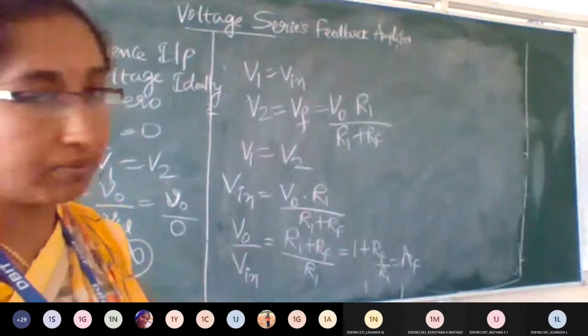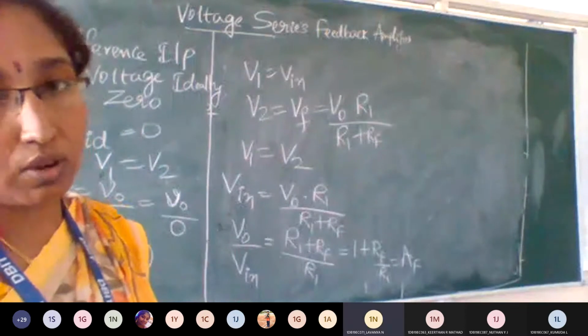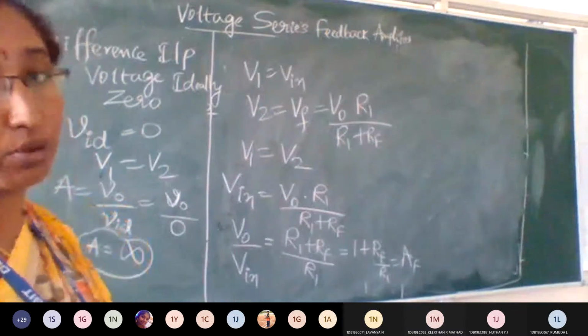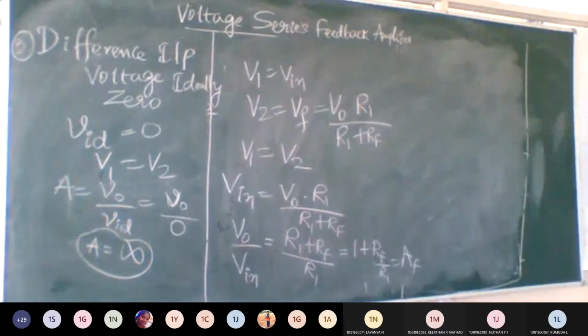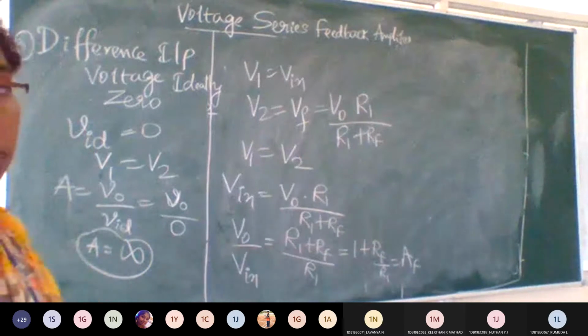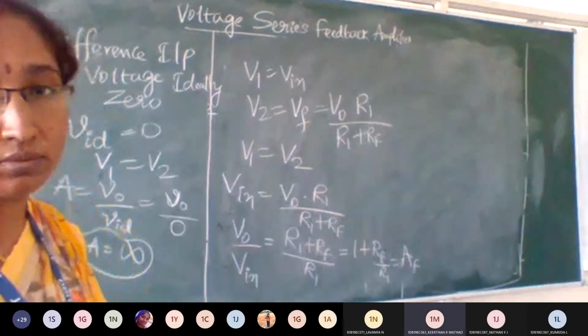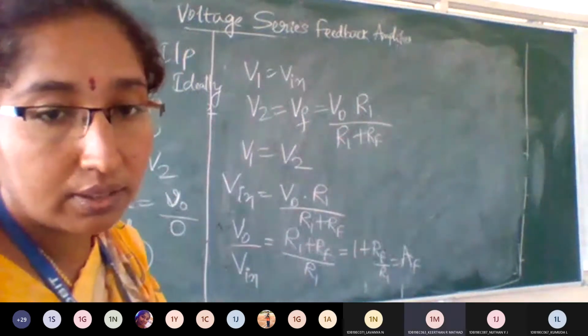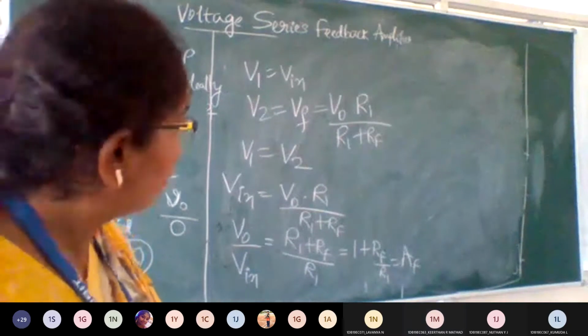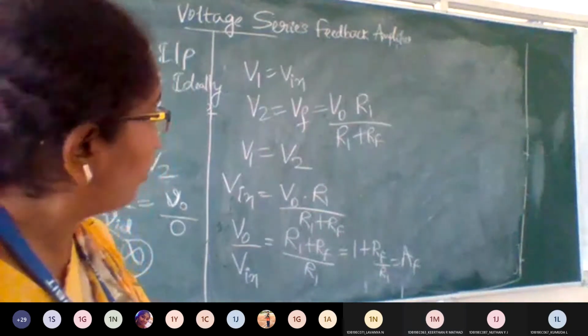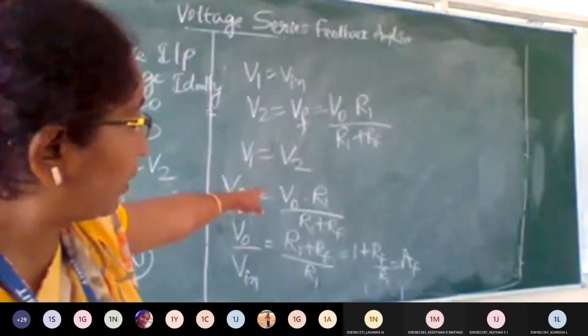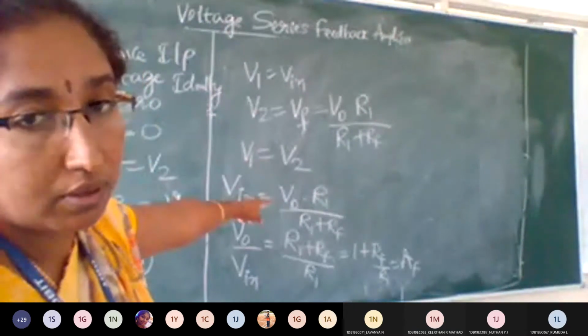Is this clear now? What will happen if you take a difference input voltage? V1 will be equal to V2. V1 value is Vin and V2 value is nothing but your VF.